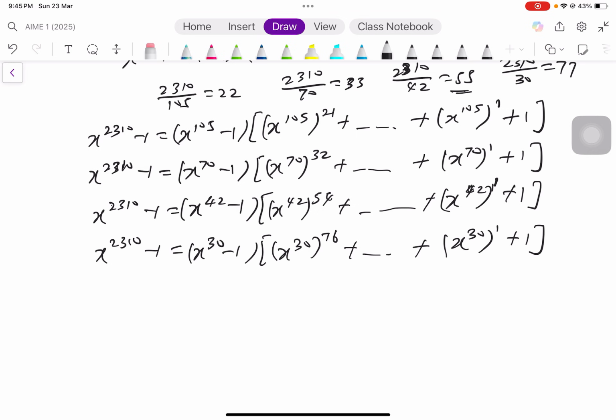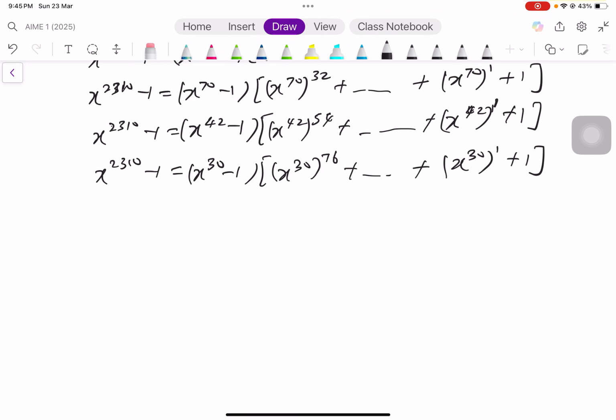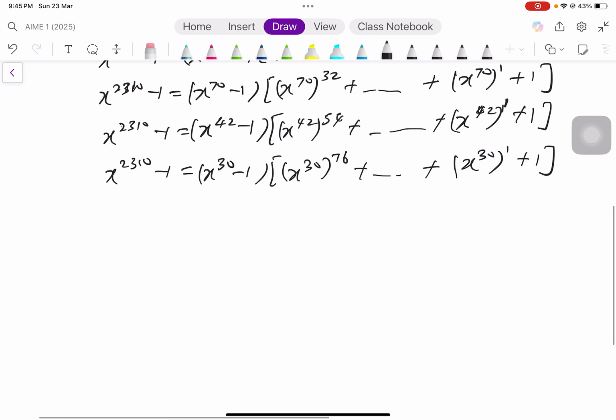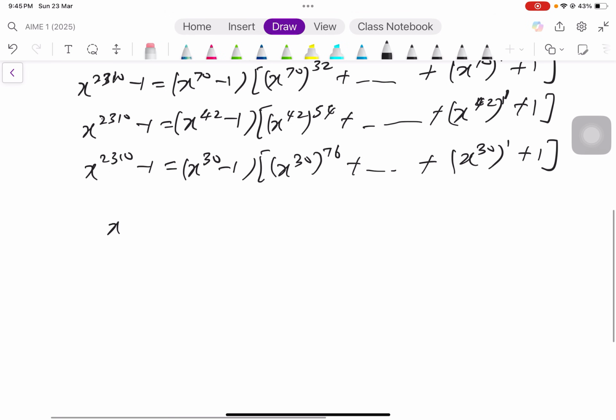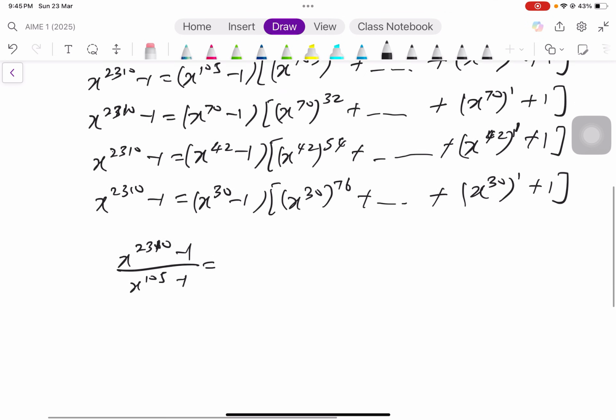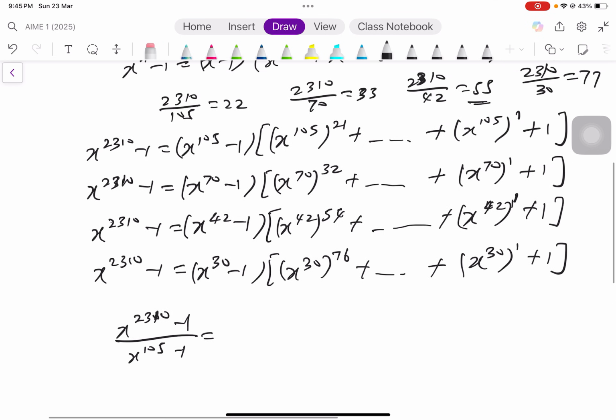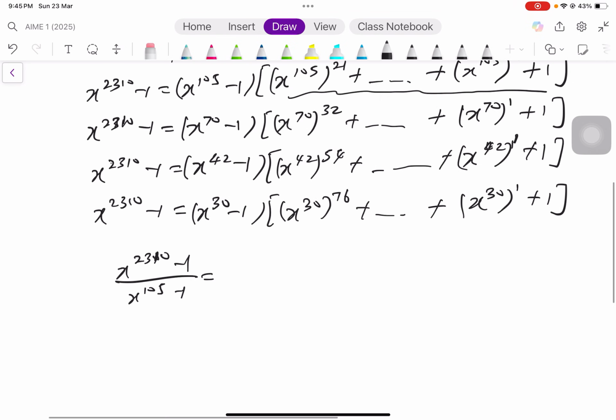Okay. Therefore, now can you see that basically all this fraction, (x^2310 - 1) over (x^105 - 1), is actually a summation? I want to write this in summation notation.